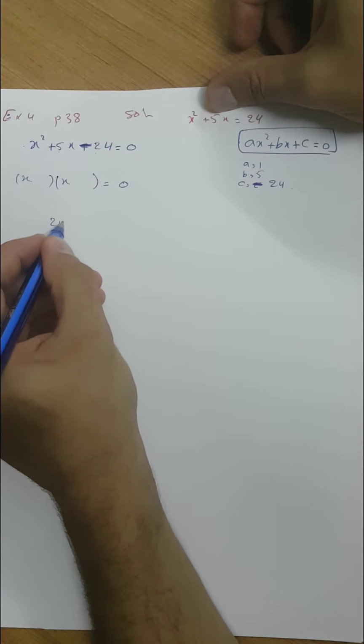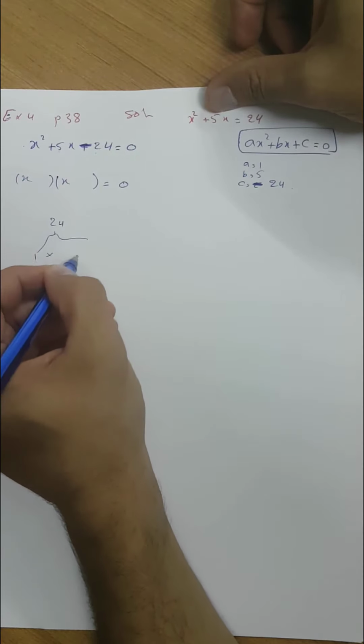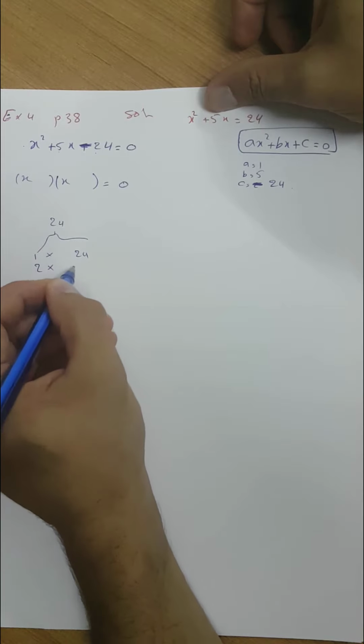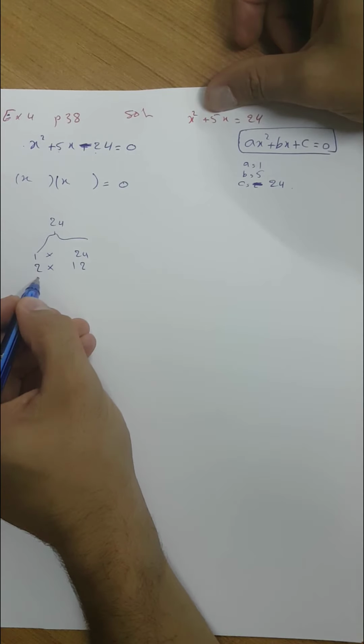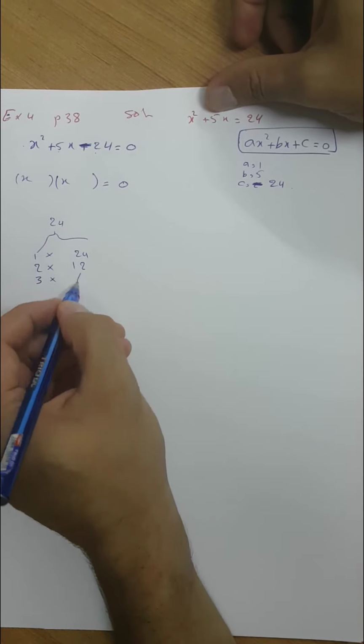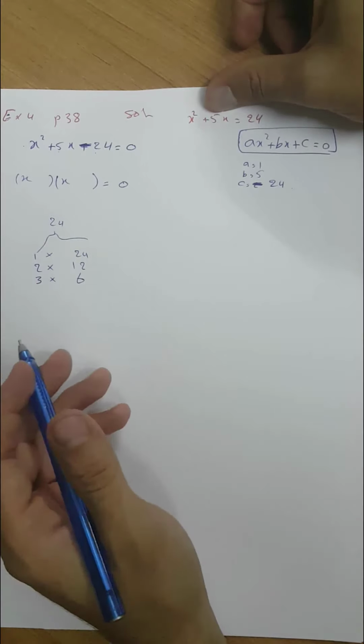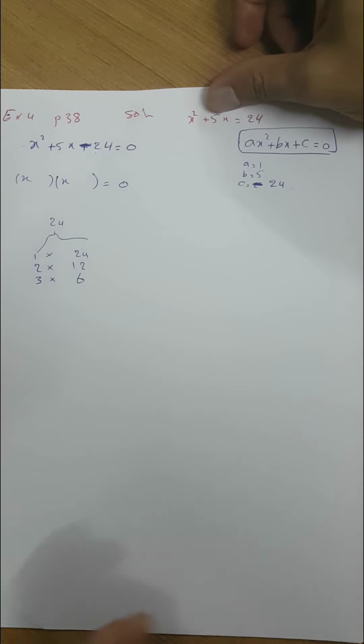So 24, I'll factor it: maybe 1 by 24, maybe 2 by 12, maybe 3 by 6. Which one of them gives 5?